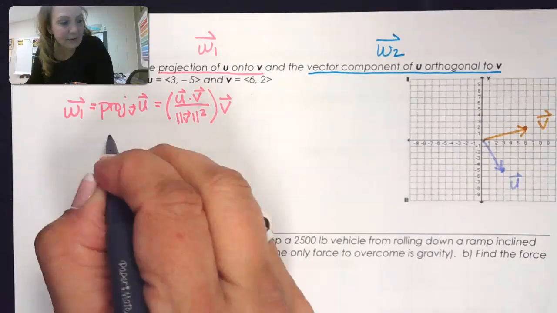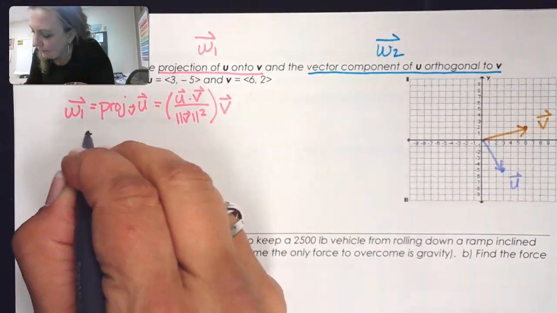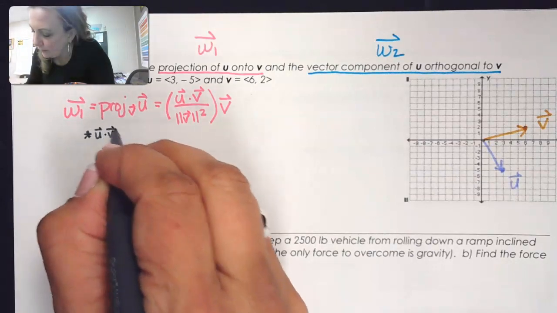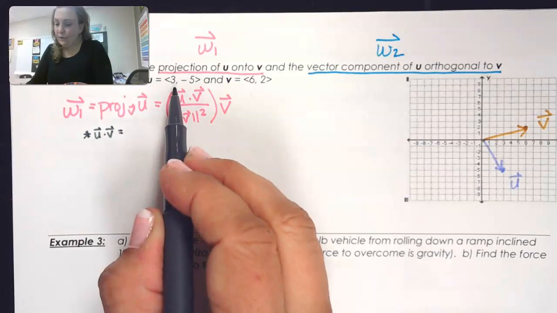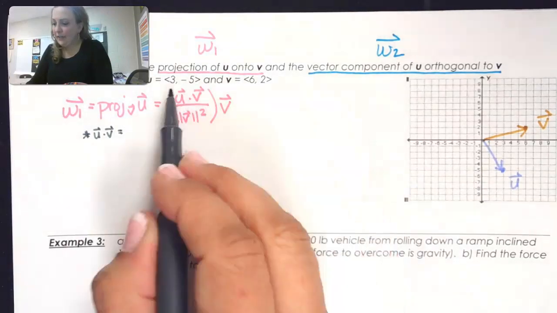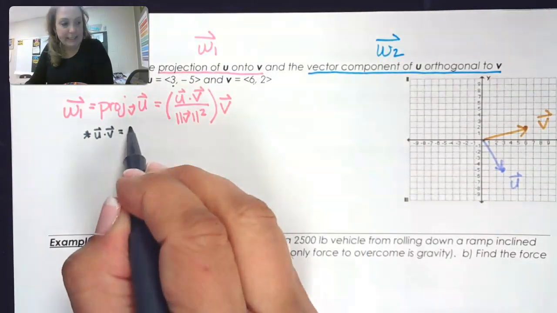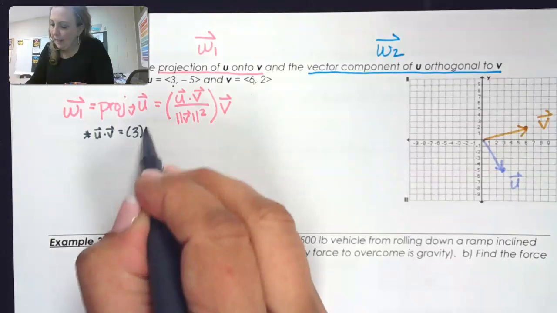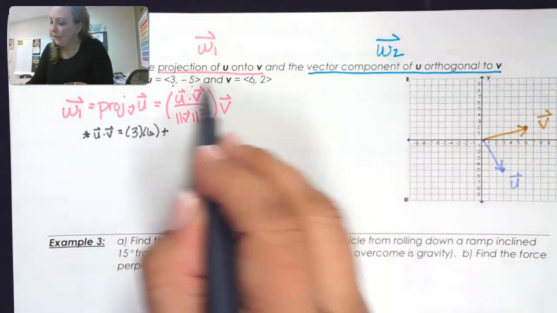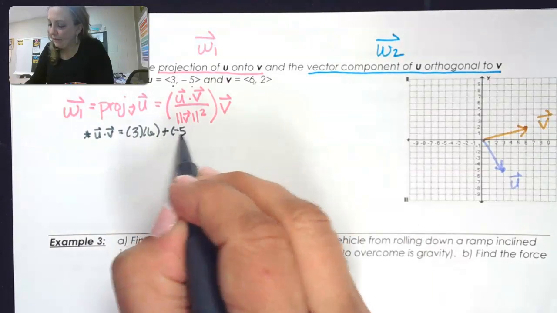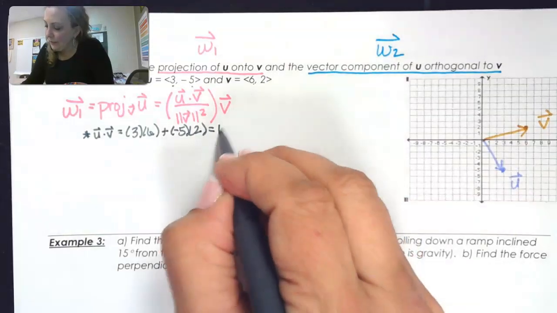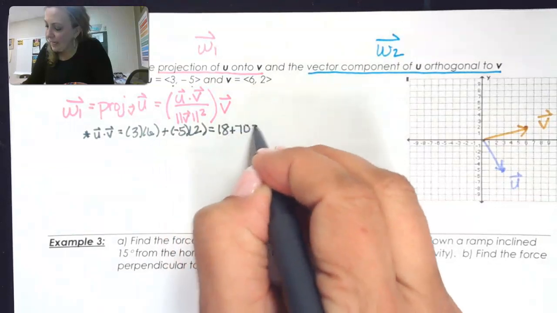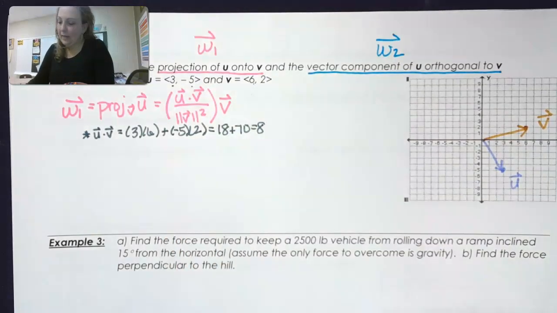So down here, let me find my U dot V. Remember, to find my U dot V, I'm going to multiply the horizontal components together, so 3 times 6. And then I'm going to add the vertical components multiplied together, 5 times 2. So I have 18 plus -10, which is 8.